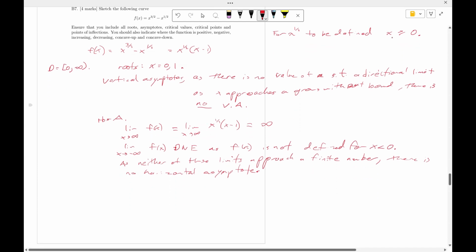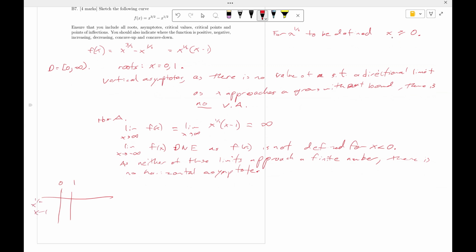Now, to determine where I'm positive and negative, I like to do a sign chart. 0, 1, x to the 1/2, x minus 1: positive, positive, not defined. We're 0 here, we're 0 here, positive, negative, negative, 0 here, 0 here. Overall, positive, negative, undefined, 0, 0.